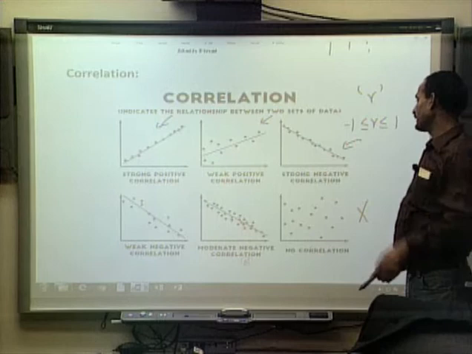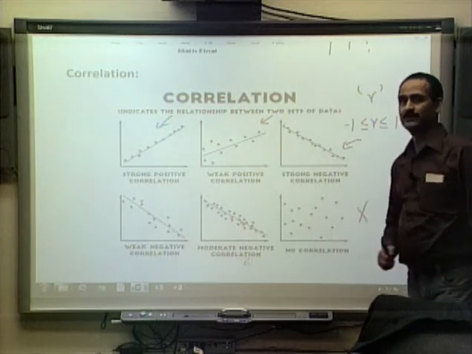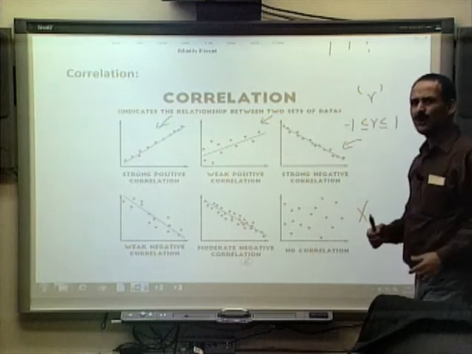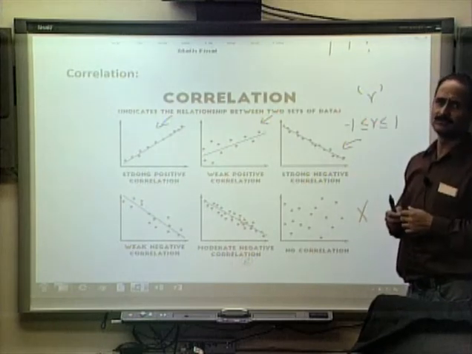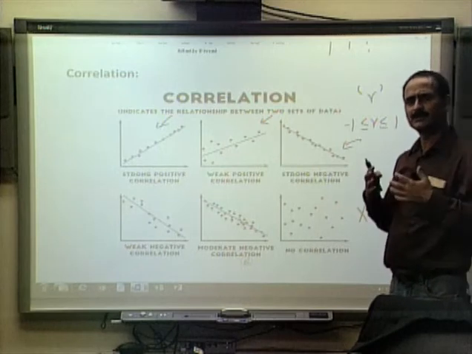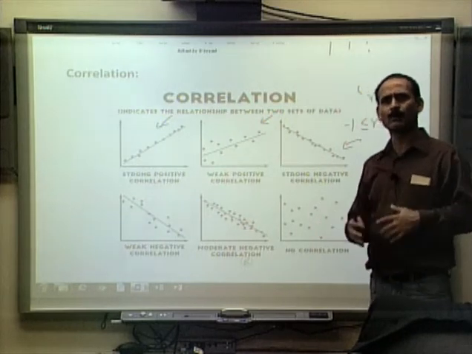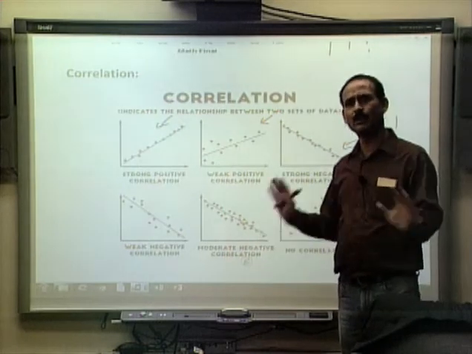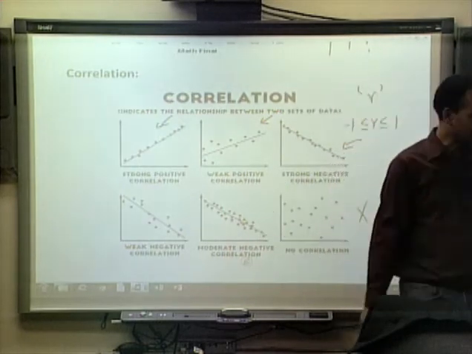And for no correlation, if this is the scatter plot, the correlation R is either 0 or very close to 0, like 0.005. If the correlation is 0.005 or -0.005, we should say there is almost no correlation.